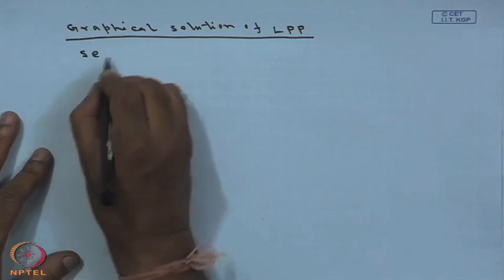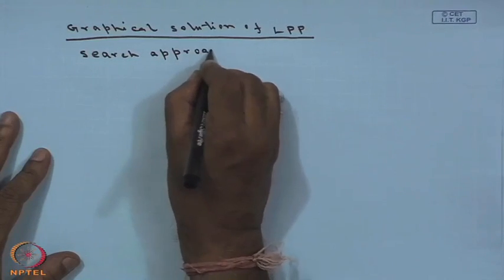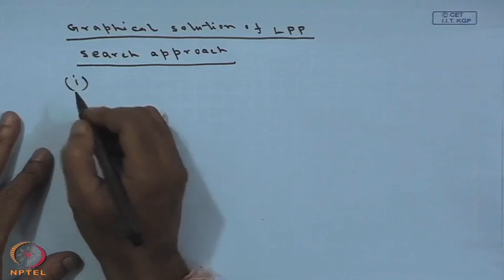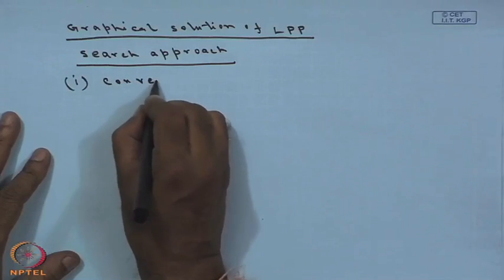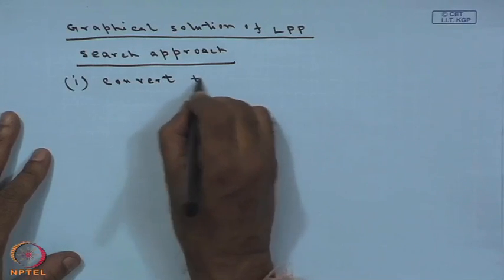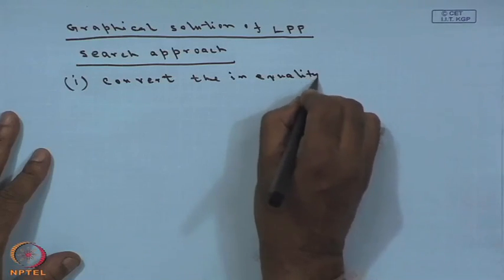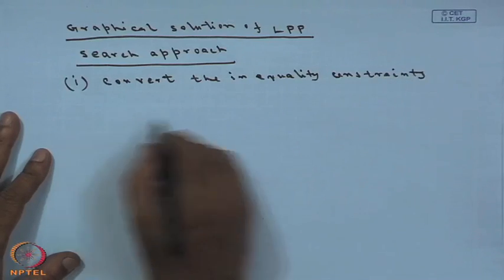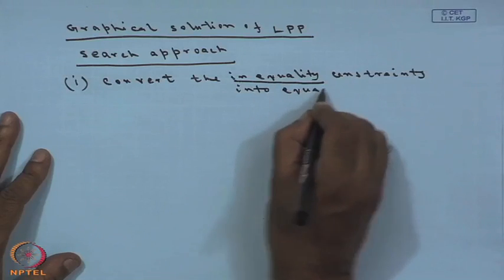The first one, let us go to that approach we are calling the search approach. For your convenience, I am just telling number 1, you convert, in short I am writing, convert the inequality constraints into equality constraints.